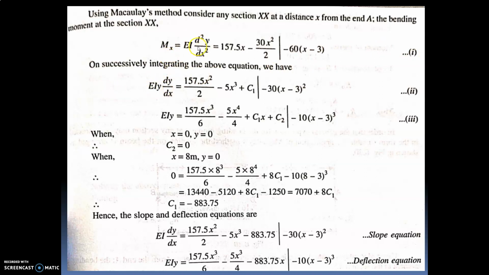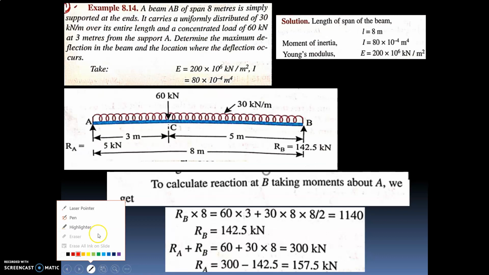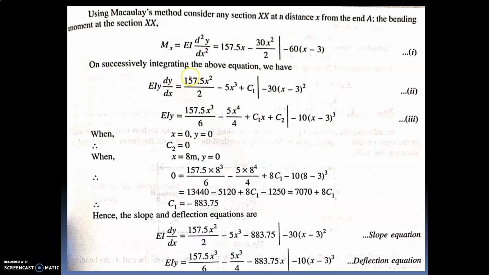And now integrate this. What will you get? EI into dy divided by dx. Here y is not there, just EI into dy by dx, equal to integrating equation 1.